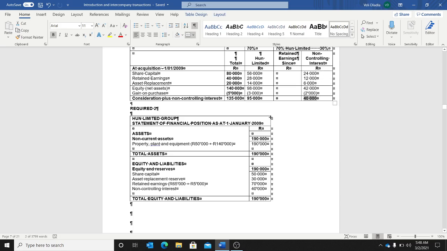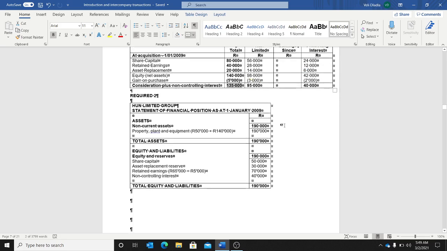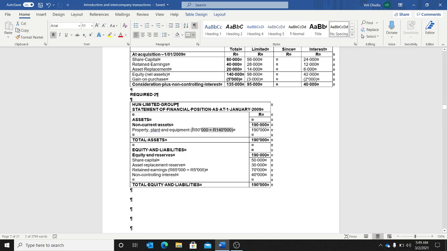You get my point? Here you've got a gain of 2, because from 42 you're going to 40. Here you've got a gain of 3. 2 and 3 gives you 5 in that line. Then in total, you've got this 135. Now this you add.